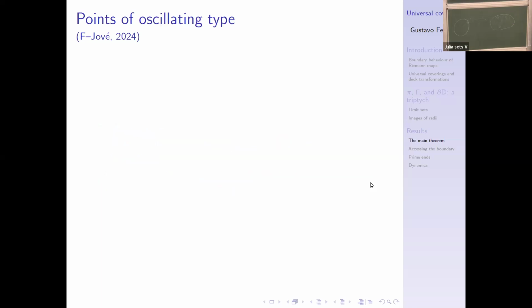And finally, the guys of oscillating type. I mean, if I talked about the good points and the ones that come from finitely generated geodesics, then these guys are in some sense the infinitely generated geodesics of my domain, in the sense that, let's see if I can, I'm not sure I can make this drawing, but let's try.